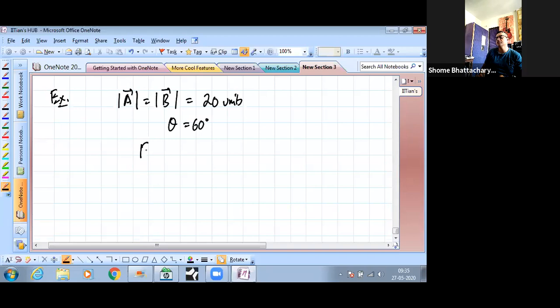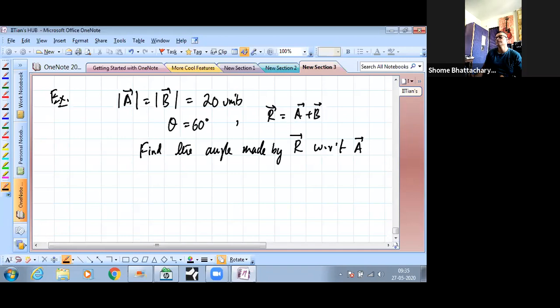Now we want to find the angle made by the resultant with respect to the vector A. Let's understand how this comes. Okay. So for this, we will just use the formula.